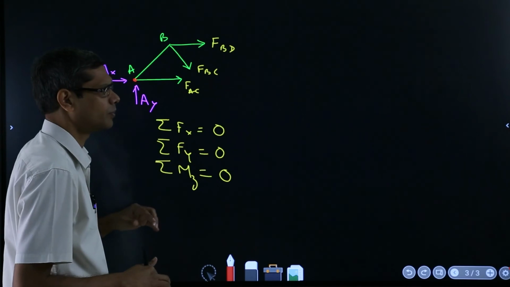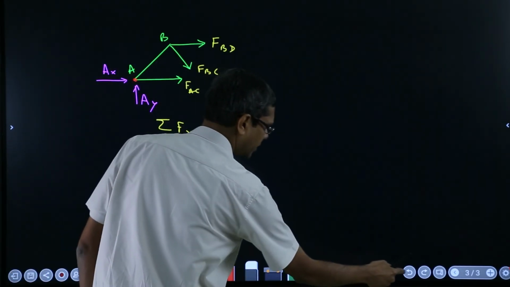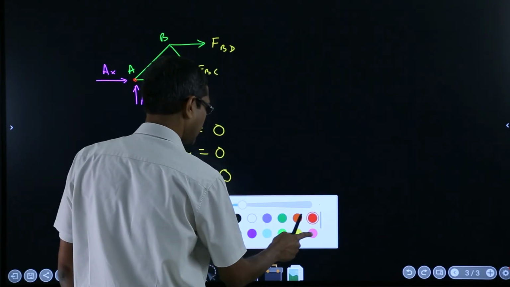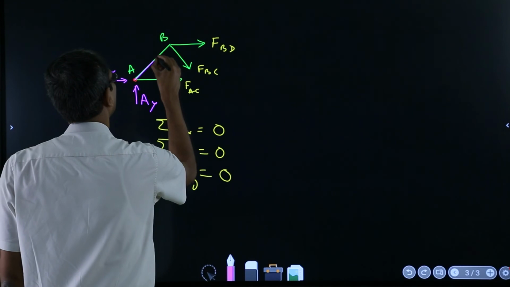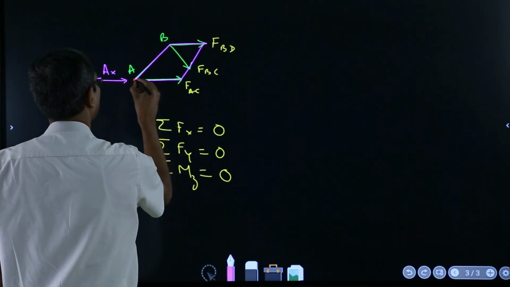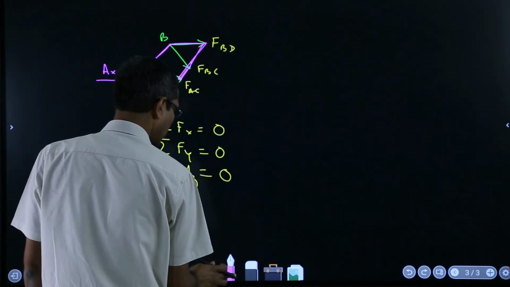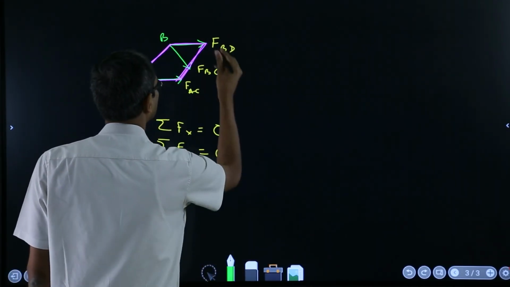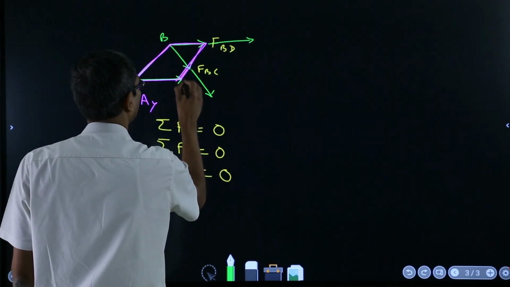Now once you have cut it, you have got an extended body. When I say an extended body, what I mean is like this. You can consider this part which you have cut as a single extended body, which is in equilibrium under the action of these forces. One is this, forces are transmissible, one is this, and the other one is this.